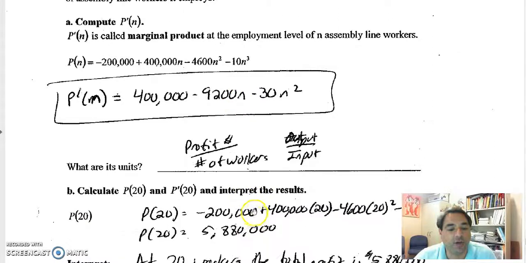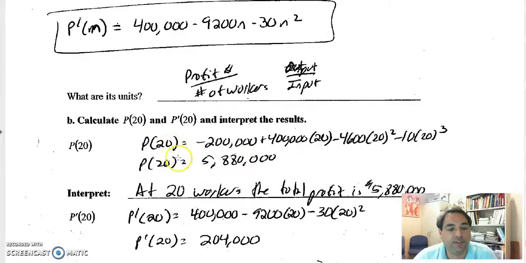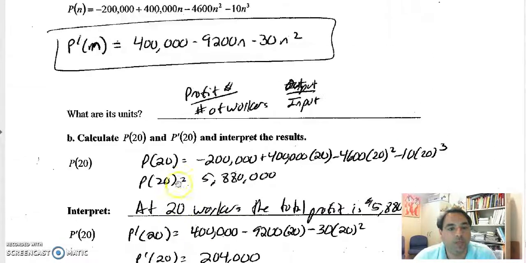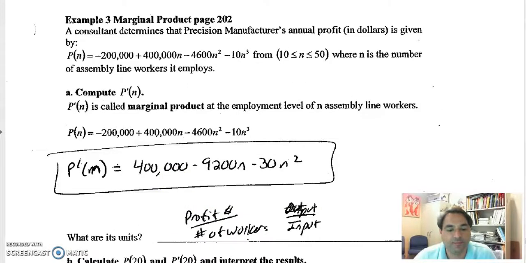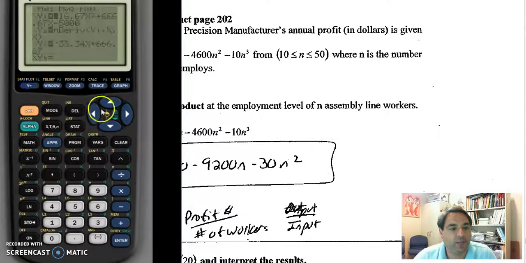So again, I can do it all by hand. Plug 20 into my original, plug 20 in my derivative. We're going to check it in the calculator. So we're going to go to the calculator, go to y equals, remove y1, remove y3.